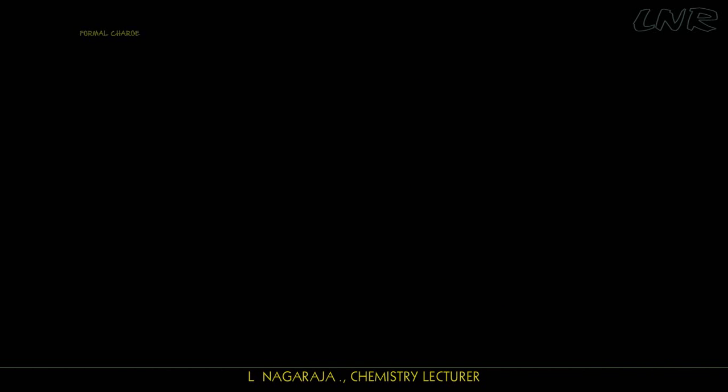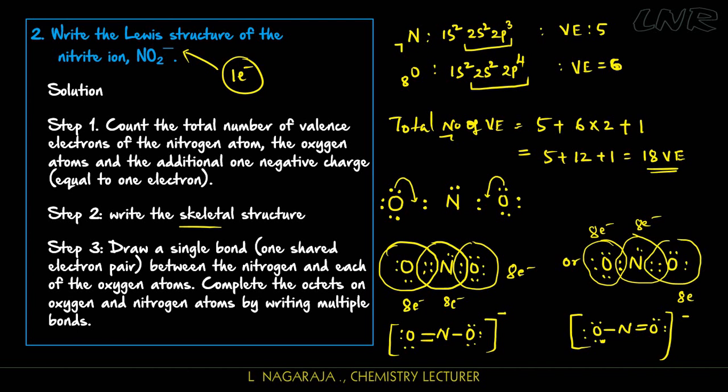And next let us see the formal charge. So what is meant by formal charge? Here we have studied the Lewis dot structure of the NO2 molecule, right? So there is one negative charge on the molecule, right? NO2 is to be written as NO2 minus.